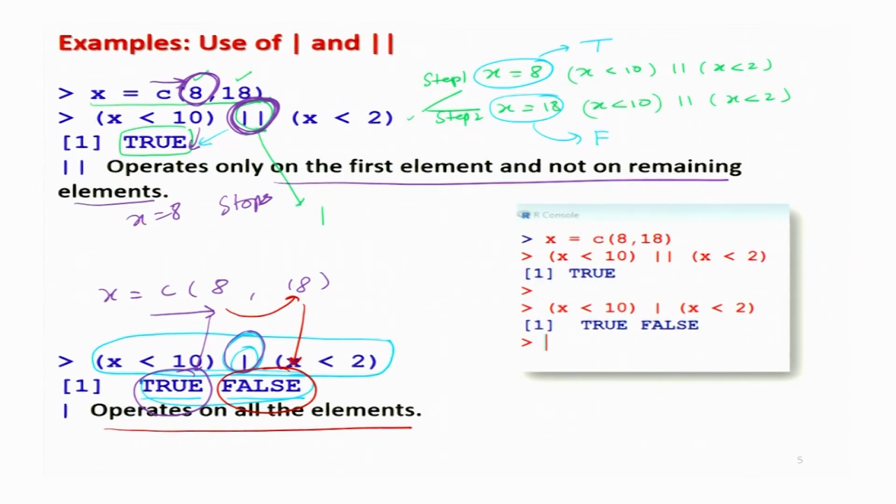So, when you use the longer form, like 2 lines, it evaluates only the first element in the data vector. That is what I wanted to say. As I promised, as soon as I take an example, things become more clear. Now you can understand how R works with these logical operators.